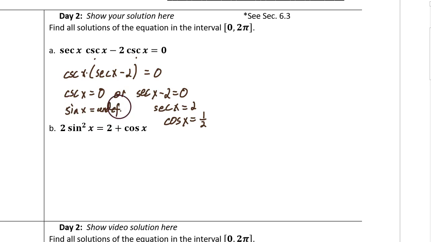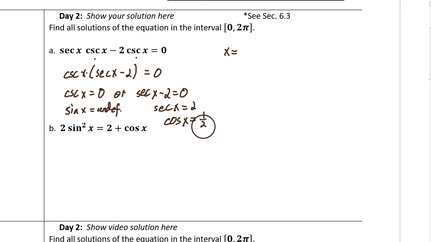We'll focus on this first one. On the interval from 0 to 2 pi, what values of x have a sine value that's undefined? None of them do, because all x values in this interval have a sine value. Now we'll look right here.